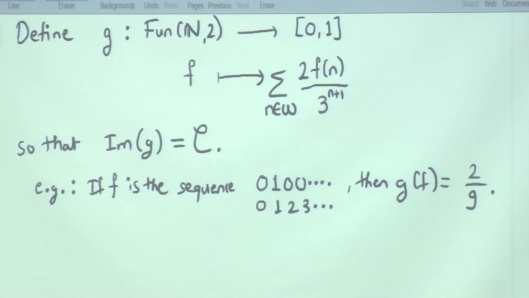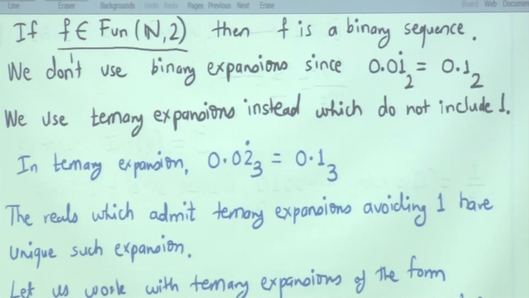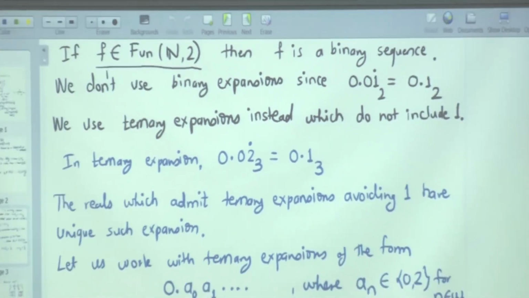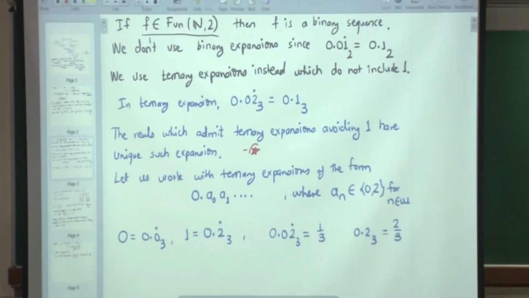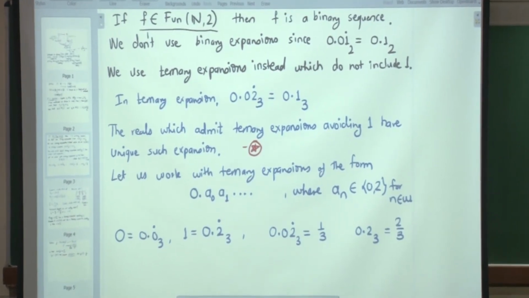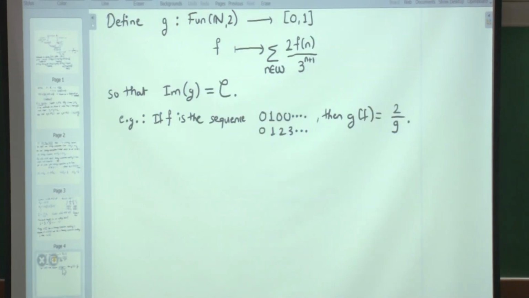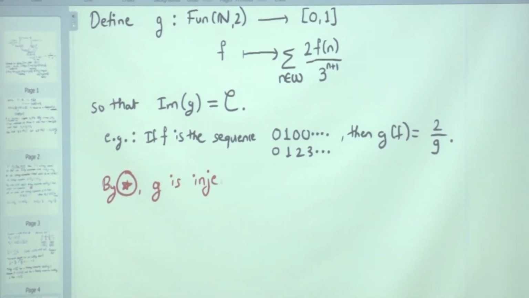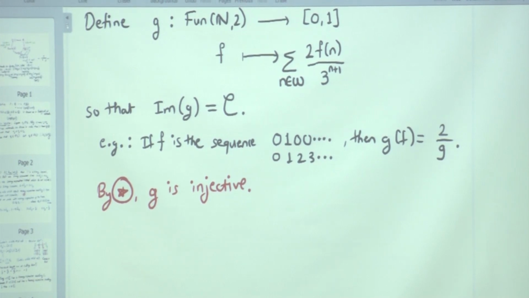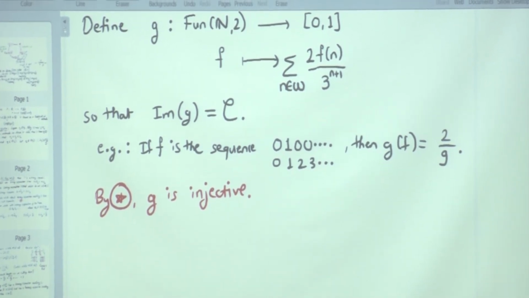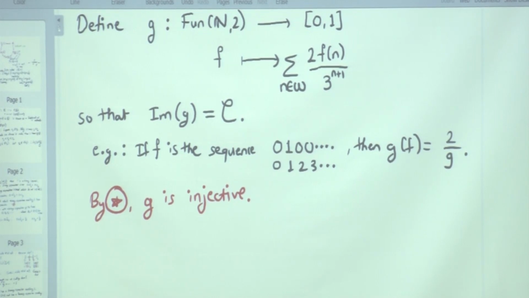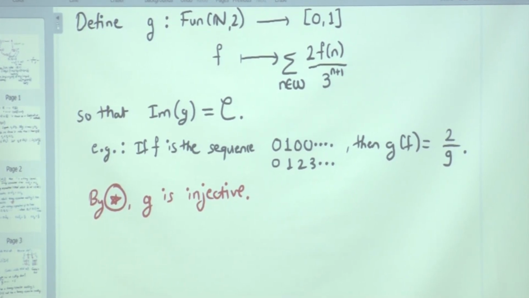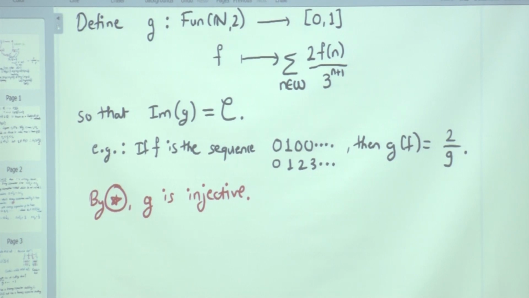So this is precisely the image, and clearly every such point, by this statement, by star, G is injective. So therefore Cantor dust is an uncountable dust.